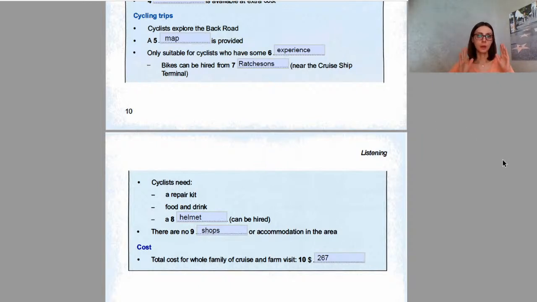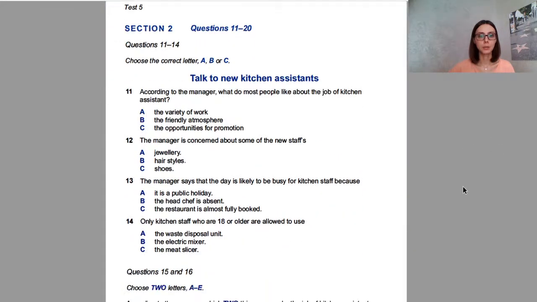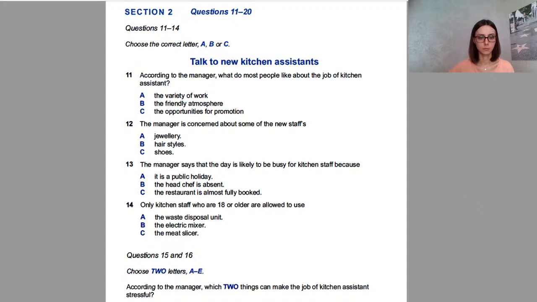All right, so I hope that you did well. And now we go to section number 2. Section 2. You will hear a restaurant manager talking to a small group of new staff who are starting work as kitchen assistants in a restaurant.